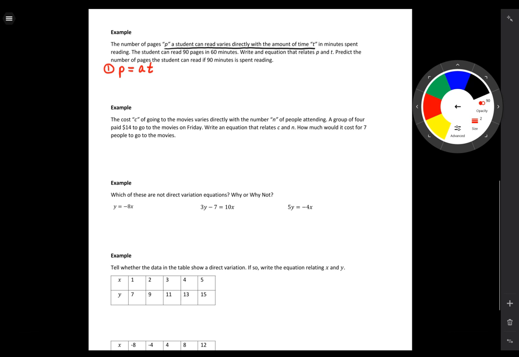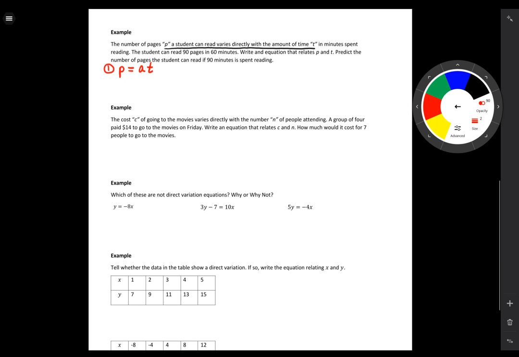The student can read 90 pages in 60 minutes. So let's write. Remember, t is for time, p is for the number of pages. Write an equation that relates p and t. Predict the number of pages a student can read if 90 minutes is spent reading.